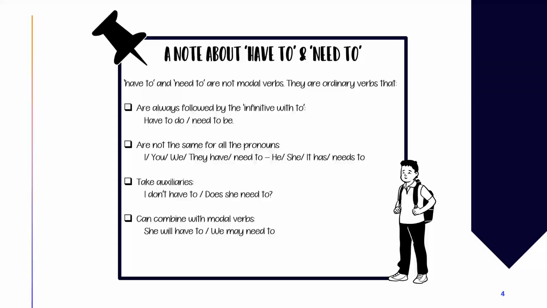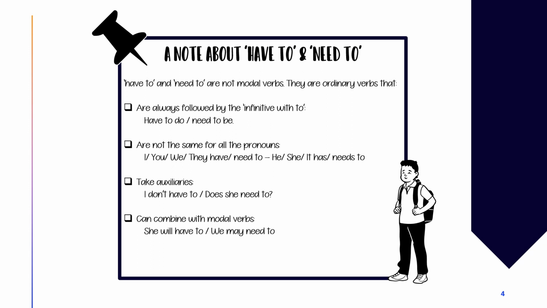Here are some considerations for have to and need to, as they are not quite modal verbs. First, they are always followed by the infinitive with to, as you can see in the examples have to do and need to be.